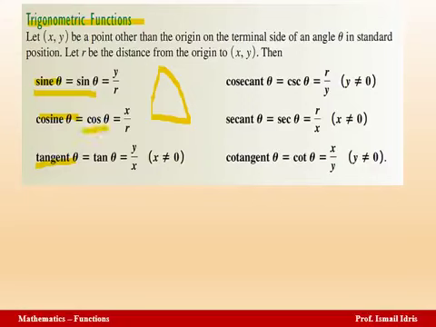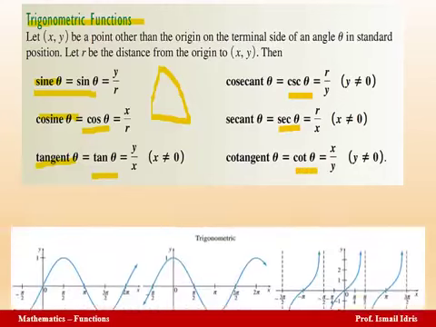Cosine theta is adjacent over hypotenuse. Tan theta is opposite over adjacent. And of course, we can define cosecant theta, secant theta, and cotangent theta, and they are the reciprocals of sine, cosine, and tan respectively.